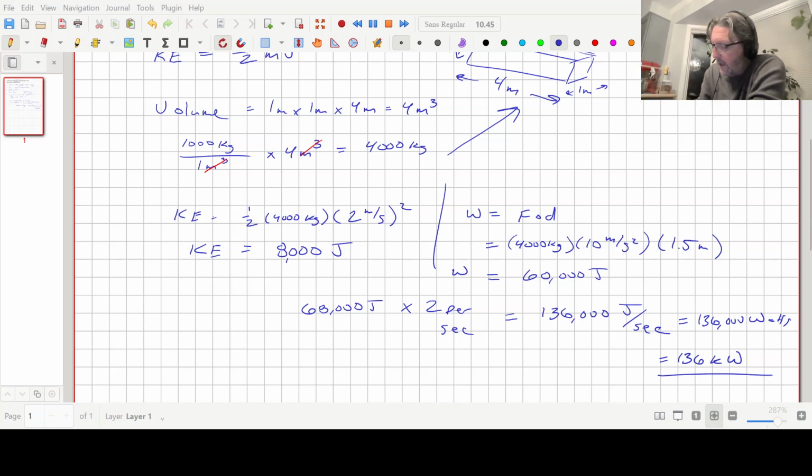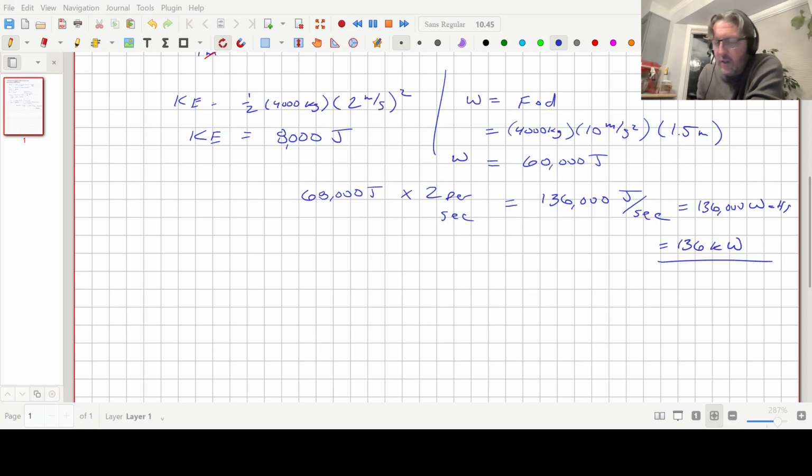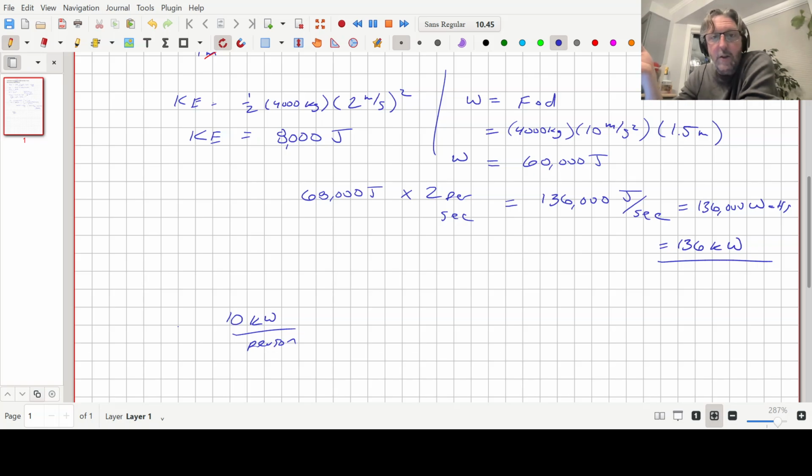But in the US at least, the average rate at which energy is used is 10 kilowatts per person. And if this stream can provide 136 kilowatts, then that stream provides power for 13.6 people.